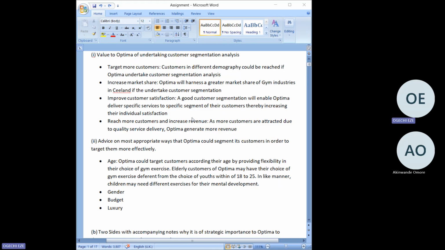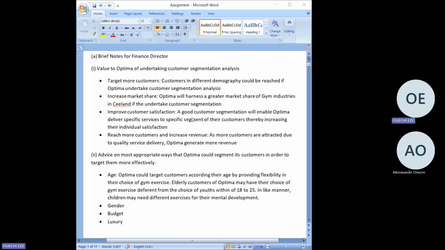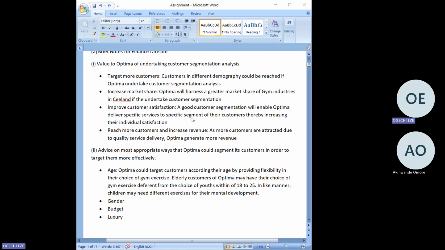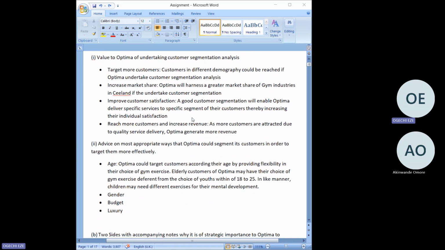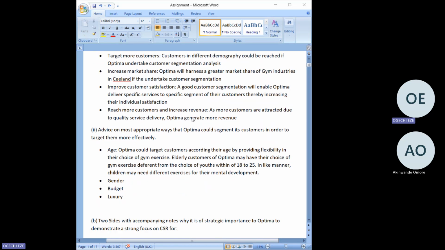I've already spoken about customer satisfaction too. Yeah, those are the 4 points I picked on the value to Optima. Then the advice or most appropriate way that Optima could segment its customers in order to target them more effectively.